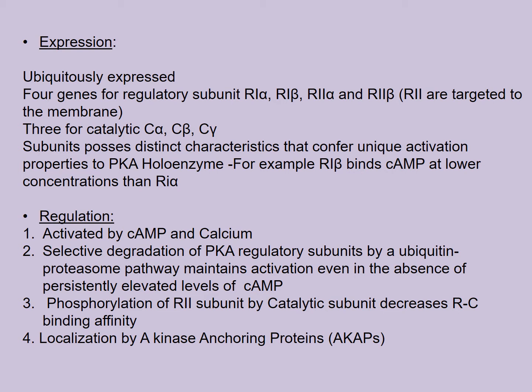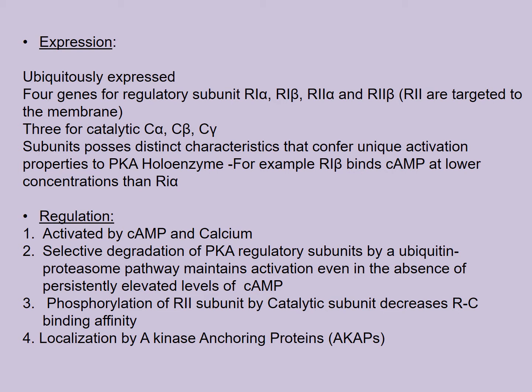PKA is ubiquitously expressed, so it's all over the place, and I'm mentioning this many details about it because it will play a role in how it's regulated. So there are different genes for regulatory subunits, and there are different isoforms of it, and there are different genes for catalytic subunits. What's important to know is that these regulatory subunits not only prevent the activity, but depending on which regulatory subunit is expressed in that cell, will actually target PKA to different places.